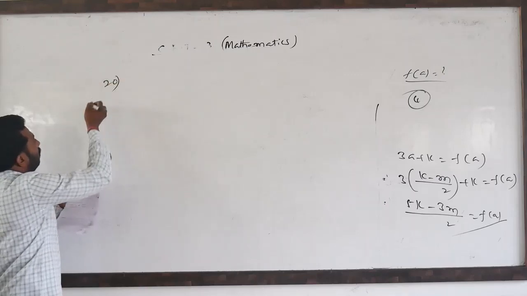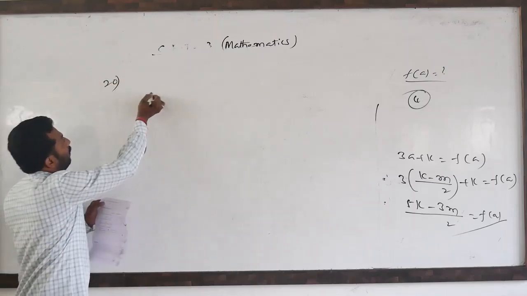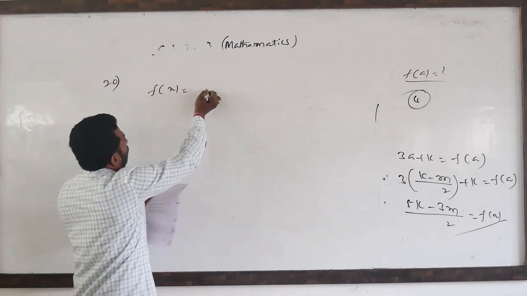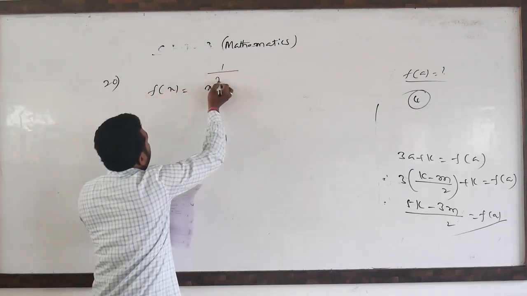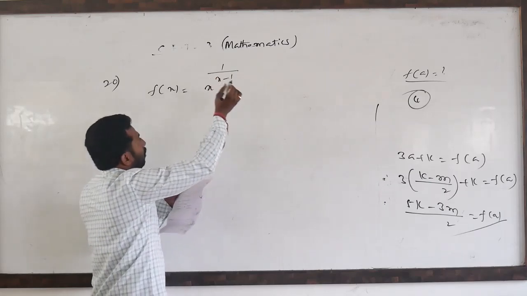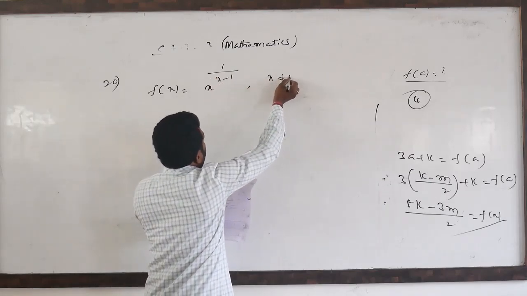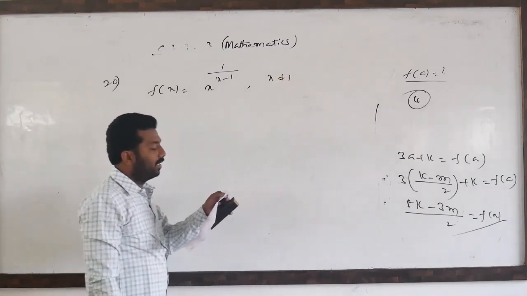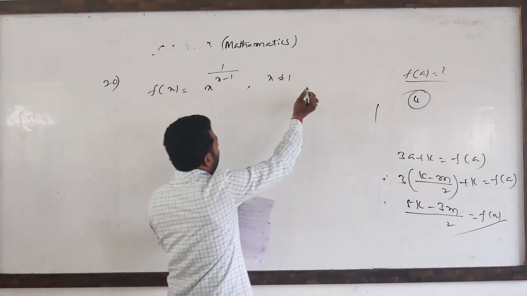Question number 20, how they define, you observe. f of x equal to x to the power 1 divided by (x minus 1) whenever x is not equal to 1. f is continuous at x equal to 1, then what is f of 1?